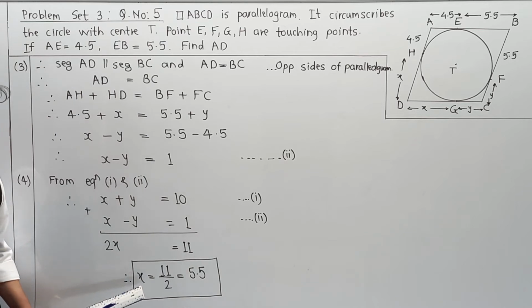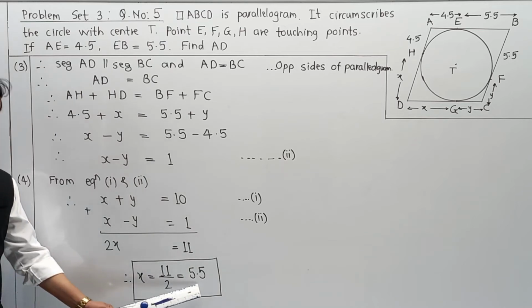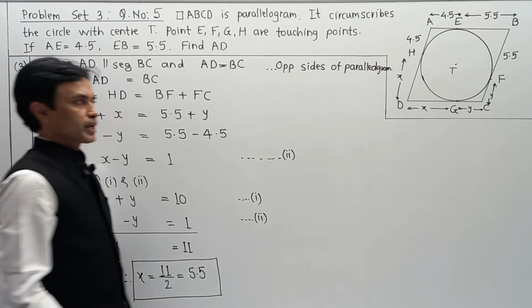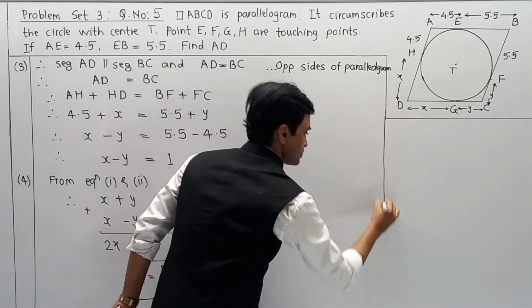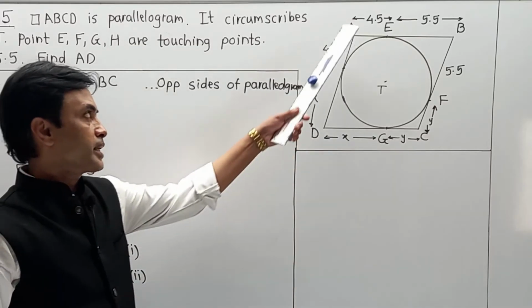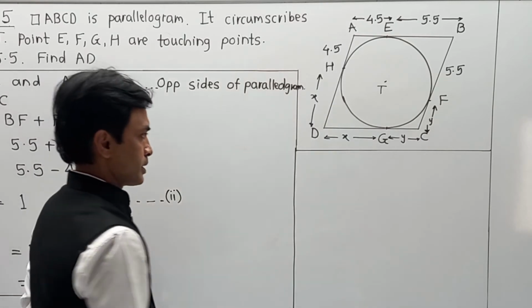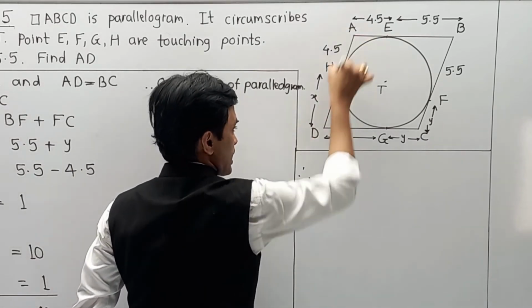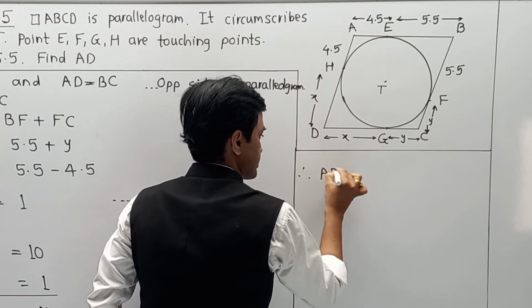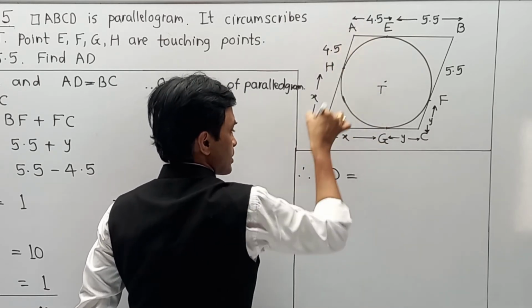Now as we are able to get the value of x, that is 11 upon 2, that equals 5.5. Now our next target is, here we are interested to find the value of AD. Therefore AD is equal to AH plus HD.